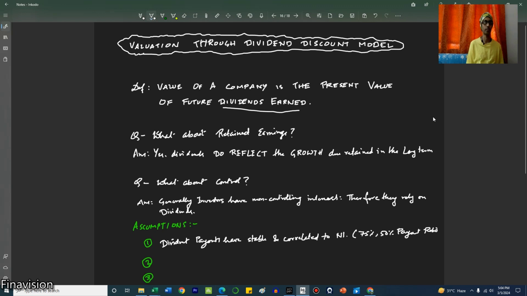Second is, the position is assumed to be preferably non-controlling. Position of investor is non-controlling.